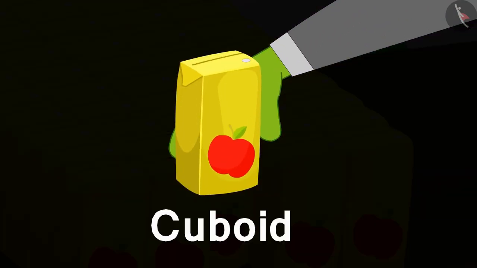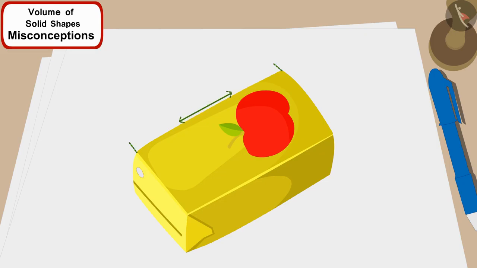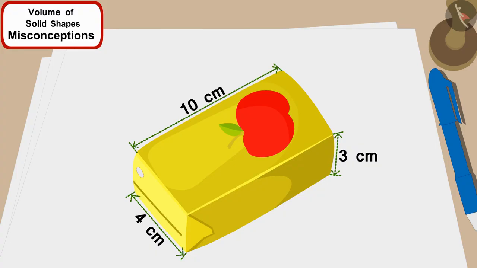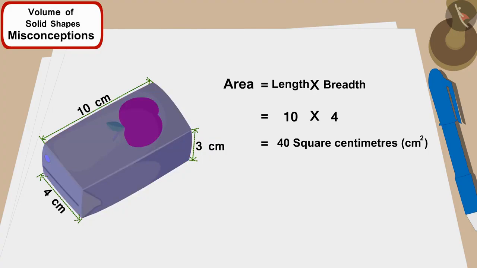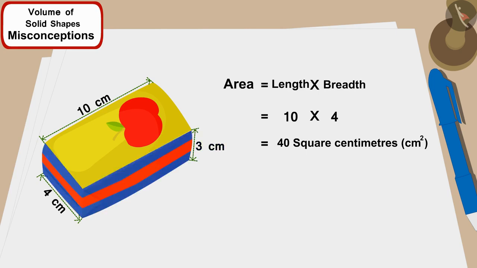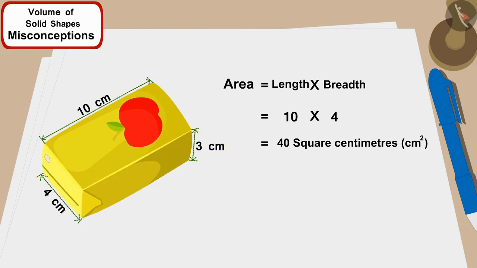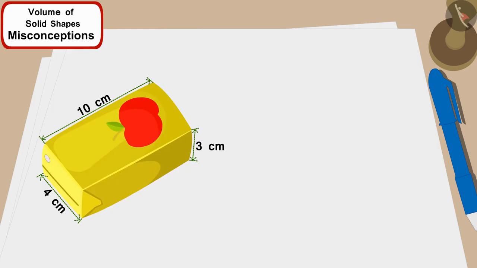Each juice box is cuboid shaped with a length of 10 centimeters, width of 4 centimeters, and a height of 3 centimeters. That means the bottom layer of each juice box, that is, the length times the width, is 10 times 4, which is equal to 40 square centimeters, and because the height of the box is 3 centimeters, there will be 3 such layers.